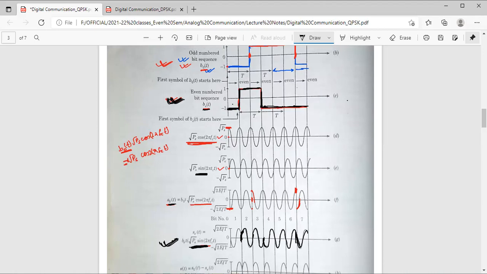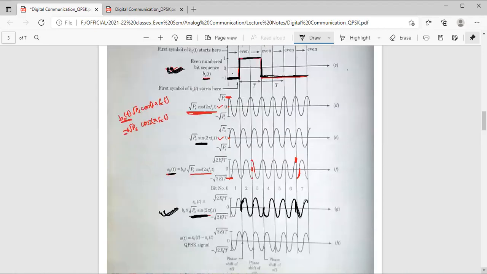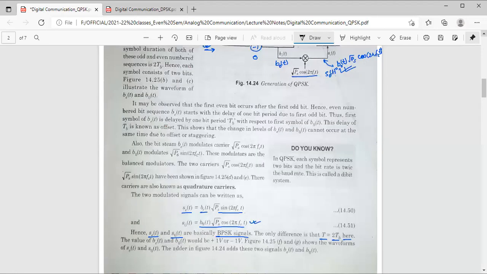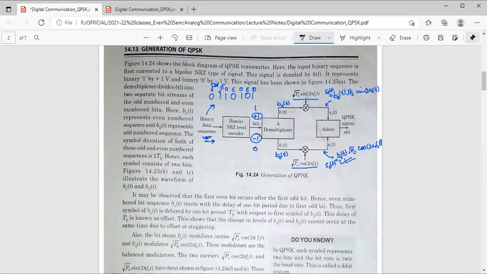Now, what will happen in the resultant? So we have 2 signals. The first one is this, and the second one is this. Now in the block diagram, you can see here that we have got this even part and the odd part of the signal.